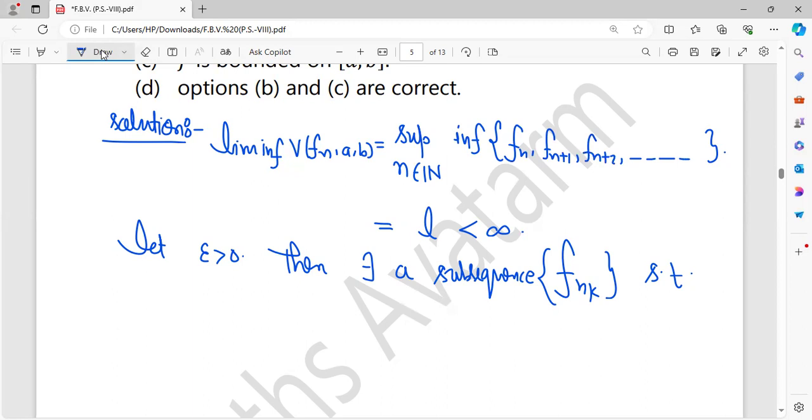It is given that this is finite. If this is finite, for any epsilon there exists a subsequence F_nk such that V(F_nk, [a, b]) is less than L plus epsilon.